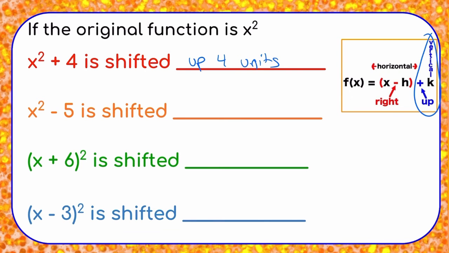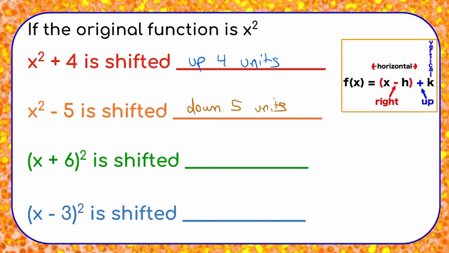Let's do the next one. X squared minus 5. How can you describe this shift? That is going to be down 5 units. Because there's no parentheses, so it's still a vertical shift. If a plus sign is up, a minus sign would be down.